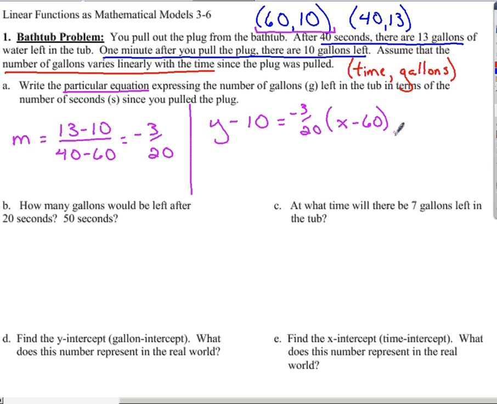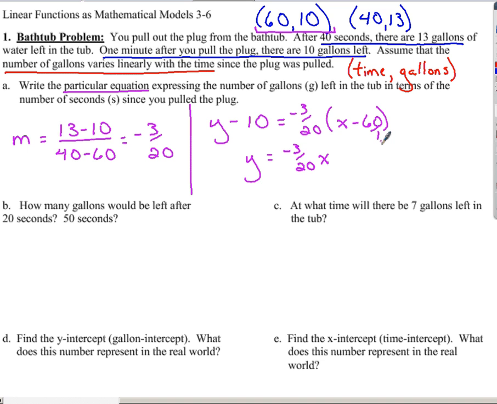As I said before, solving for y will make sense. So let's solve this for y. You've got to distribute the negative 3/20 through. So it's negative 3/20 x. I'm going to take negative 3/20 times negative 60. That's going to be what? 180 over 20.